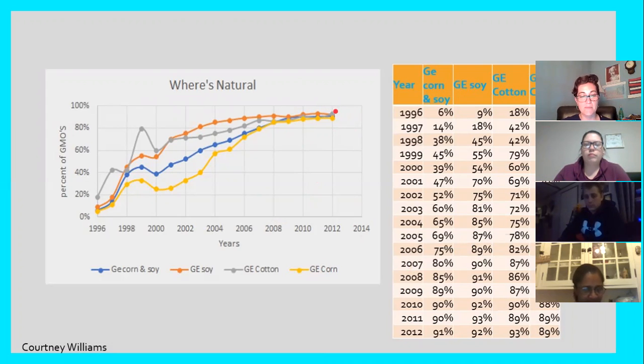Probability is defined as the measure of the likelihood that an event will occur. And so, as you can see from the graph, we just keep adding more biotechnology to our corn and soy products. And those are like the number one ingredients in most of our foods.